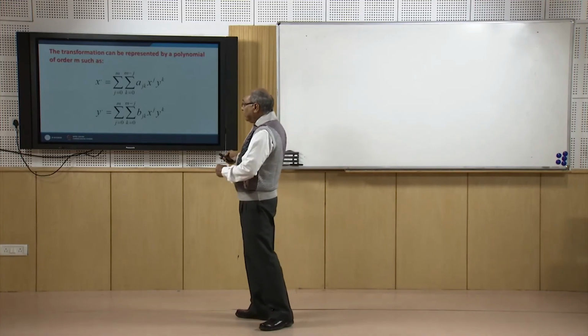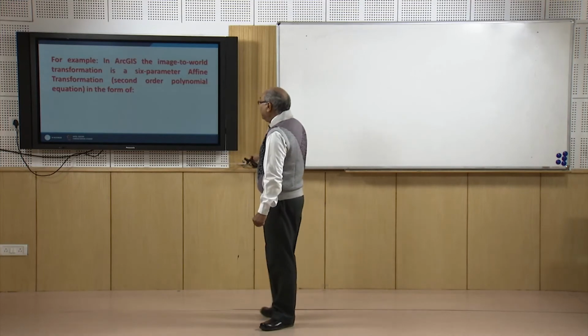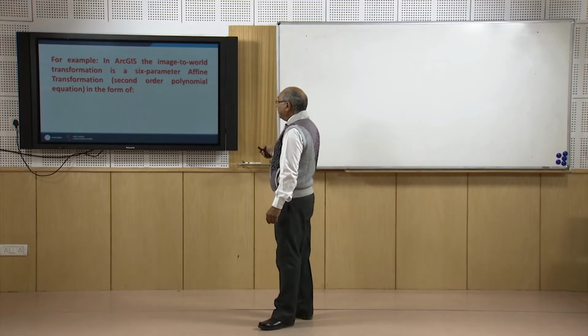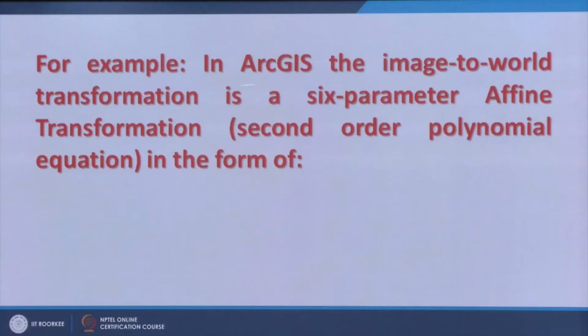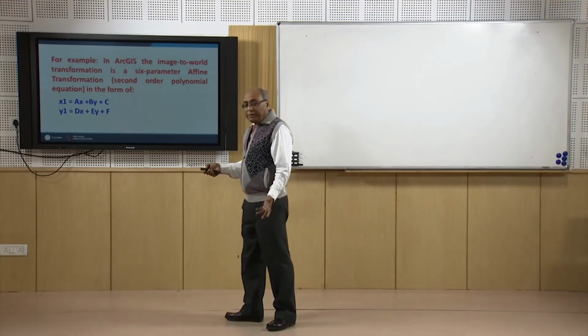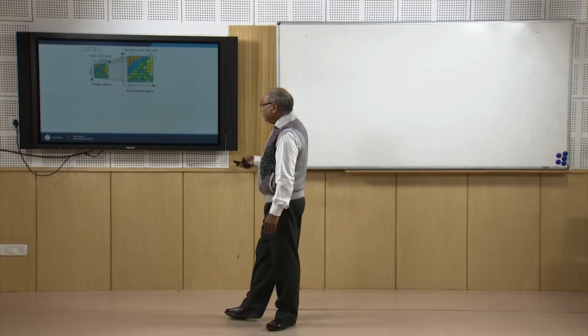As an example from ArcGIS software, a GIS software, the image to world transformation is a 6 parameter affine transformation, that is, a second order polynomial equation in the form of these equations, very simple ones, and I will describe them one by one.